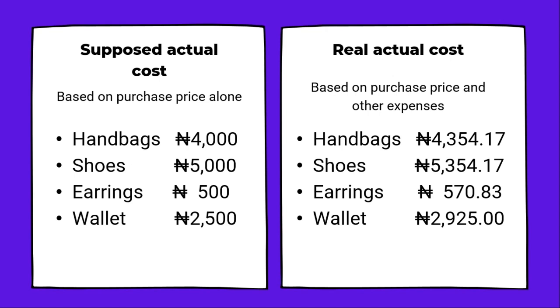So you have other products that fall under this category. You're somebody that sells fabrics, bags, shoes, perfumes, physical products, baby clothes, kitchen utensils. The list is endless. This is a very good way to calculate your actual cost.